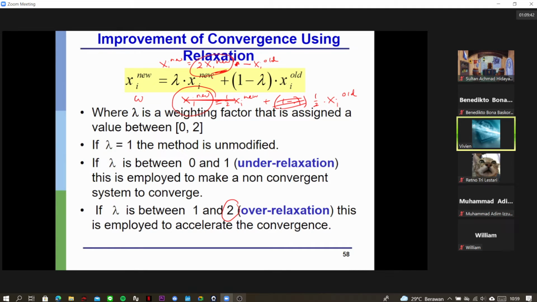It gives damping to the fluctuation, so the value will not change a lot, because we take the average value. When the new value is very low and the old value is very high, it will take the average as the updated value. So this stabilizes the value, or damps the fluctuation.